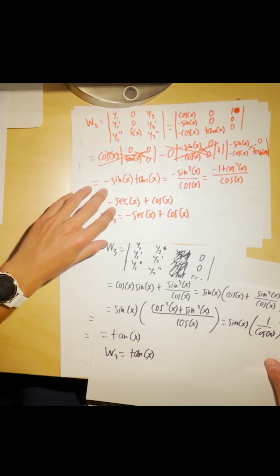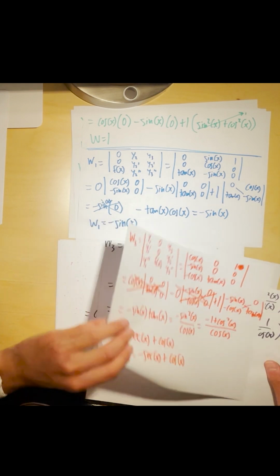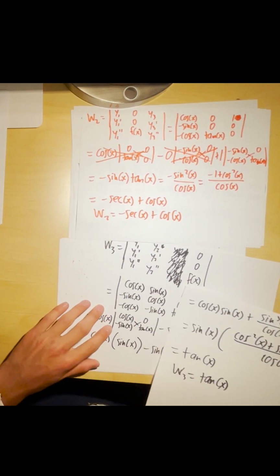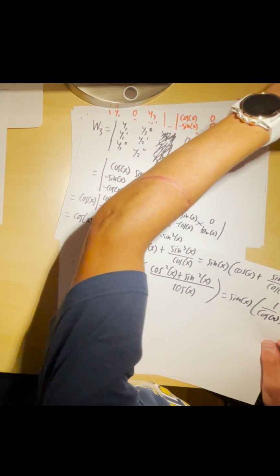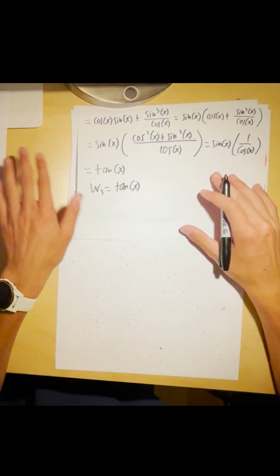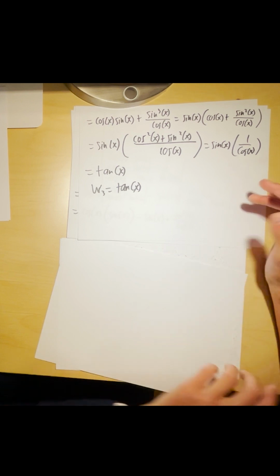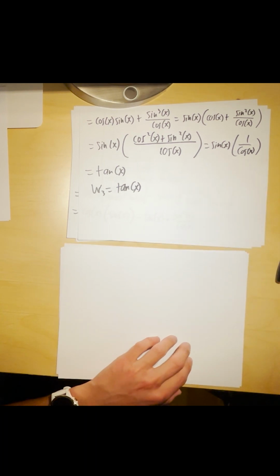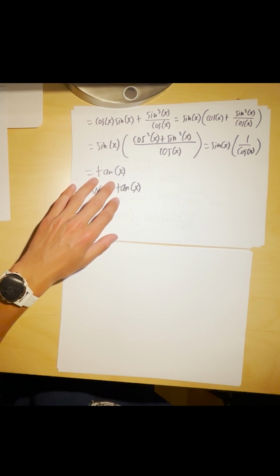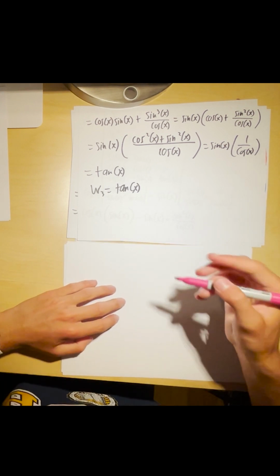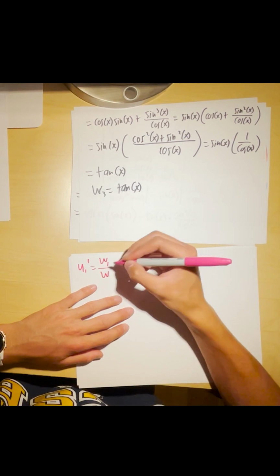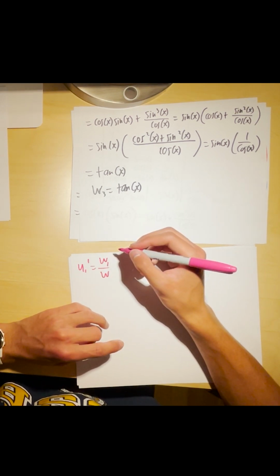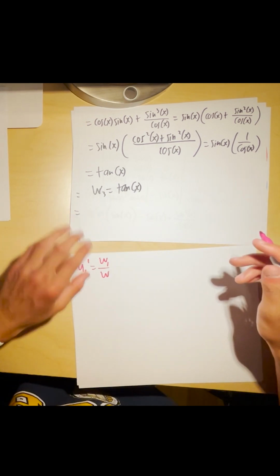So going back, we have W equals 1. W1 equals negative sine x. W2 equals negative secant x plus cosine x. W3 equals tangent x. So now it's time to plug in to these formulas. They're similar to what we had before. U1 prime equals W1 over W. Actually, hold on a second.